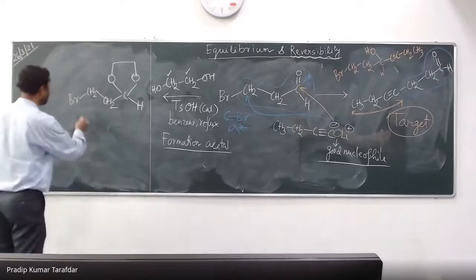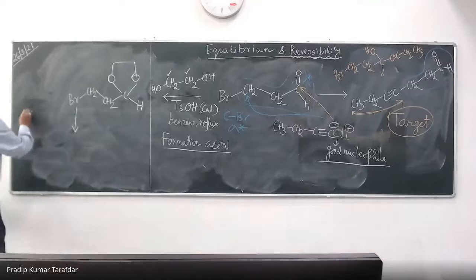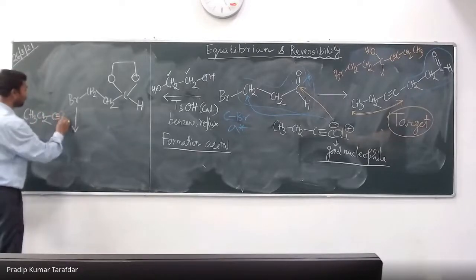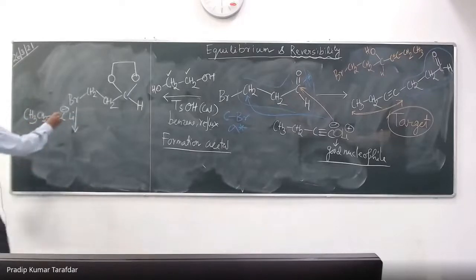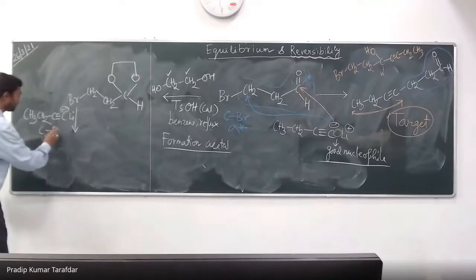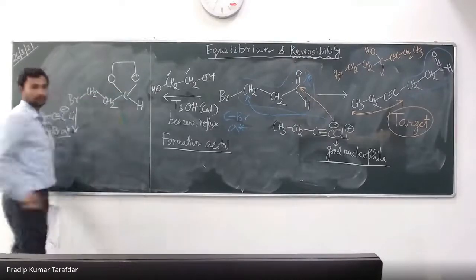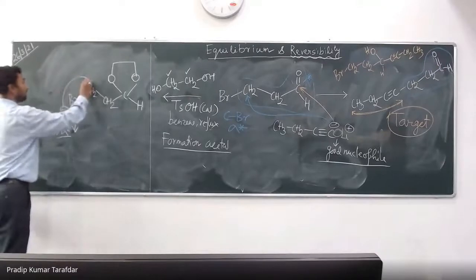Now if you add the same nucleophile, second step after formation of this acetal, this nucleophile will only attack the C-Br sigma star because there is no center here.